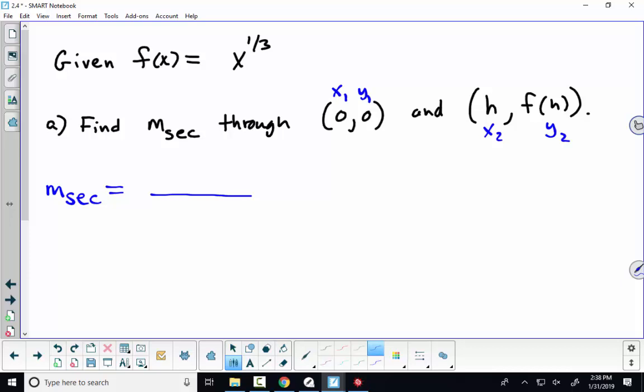It would be h minus 0 over f h minus 0? Close, we want to keep them lined up. You just had one of them mixed up. But yeah, that's all we're doing, right? The slope is y2 minus y1 over x2 minus x1. So we see that's just f of h over h.